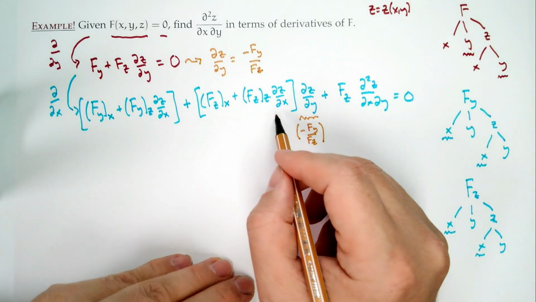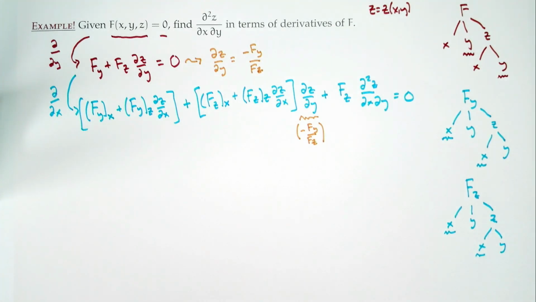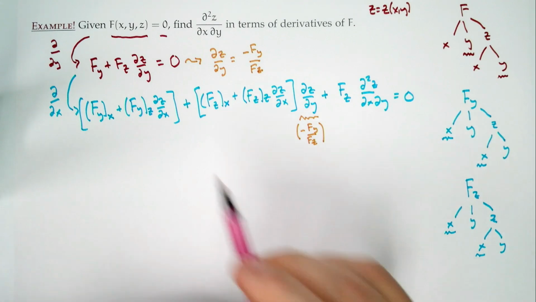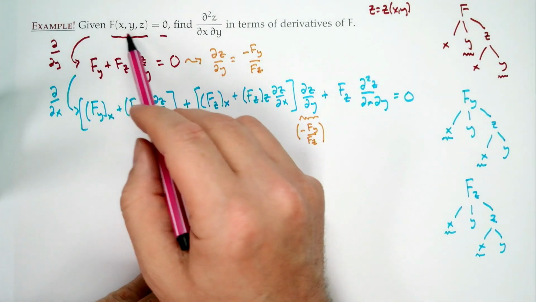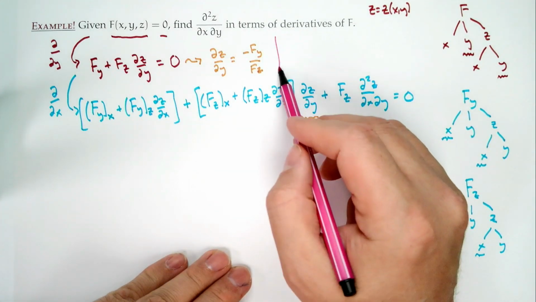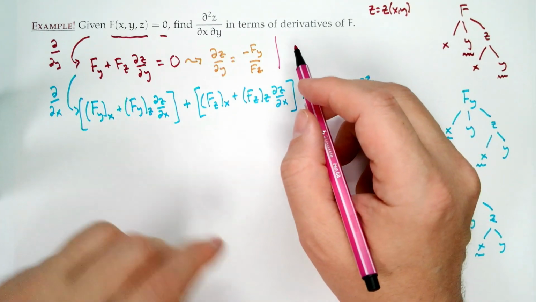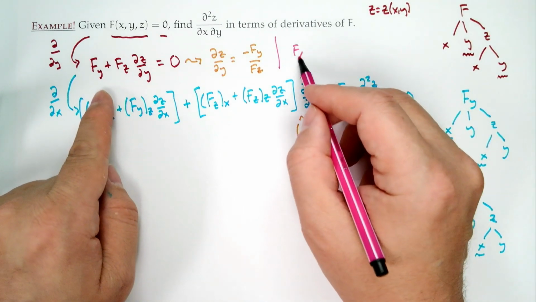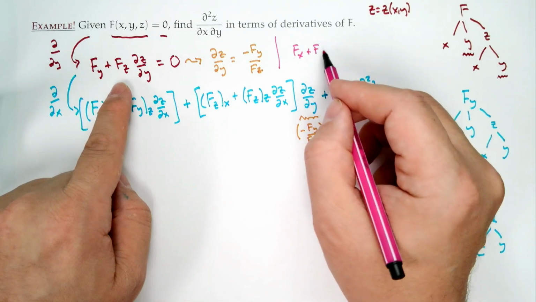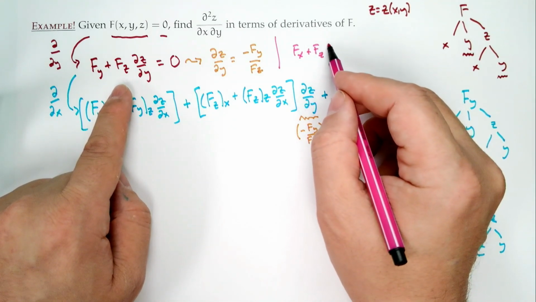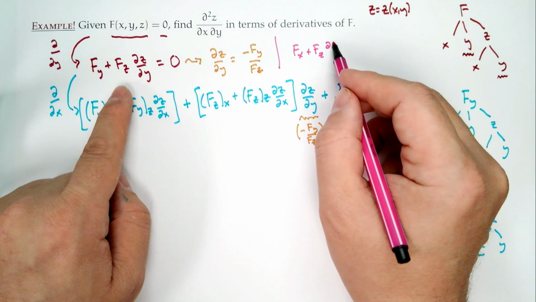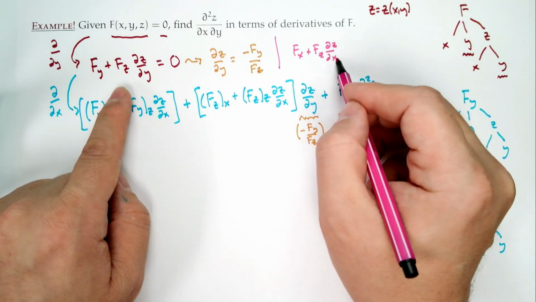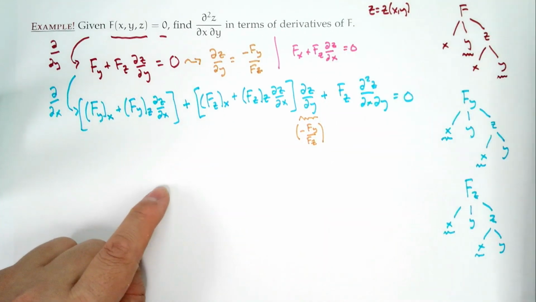What about the partial z partial x's? What do we do about those? And the answer is we say, okay, let's go back to our original formula and take the derivative of this with respect to x. And if we do, we're going to get f sub x plus f sub z times partial z partial x equals 0.